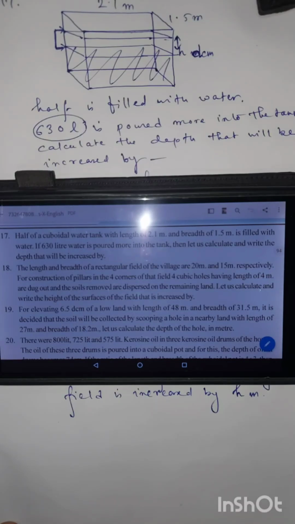Let us calculate and write the height of the surface of the field that is increased by. I hope you have understood this question.